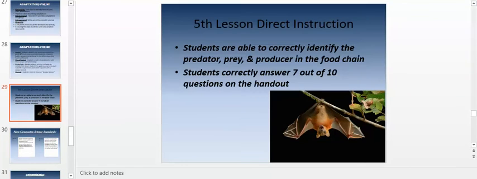So for my fifth lesson, which was direct instruction, I had students work to identify who's the predator, the prey, and the producer in the food chain. We also talked about ecosystems, and for the assessment, we did a handout where they had to answer 7 out of 10 questions correctly.